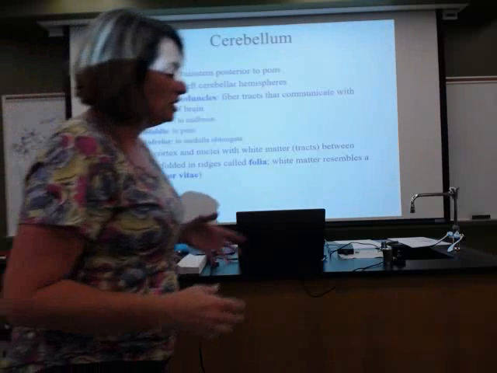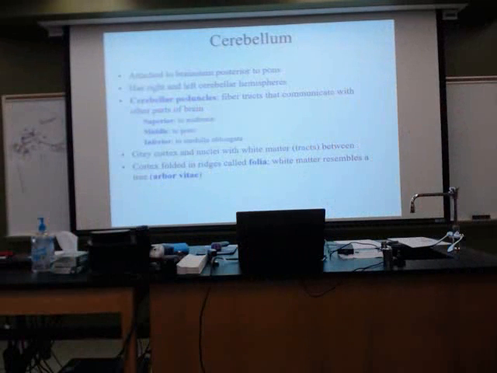Then, when you make a cut through the cerebellum and open it up like a book, it looks like there's a tree growing up through the gray cortex, the gray outer portion, with the white matter.